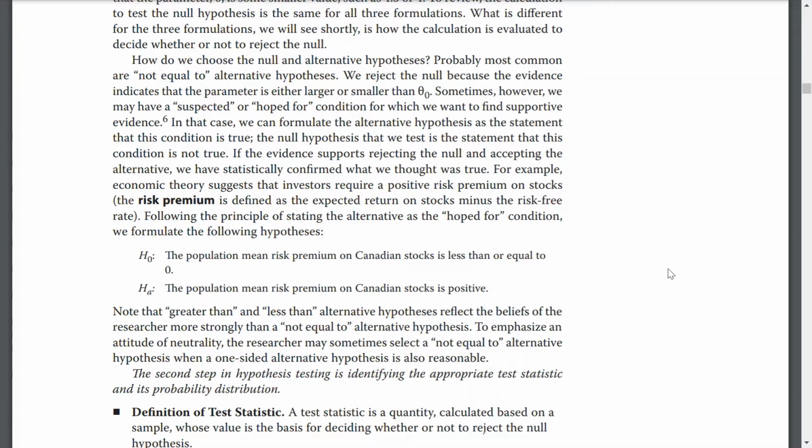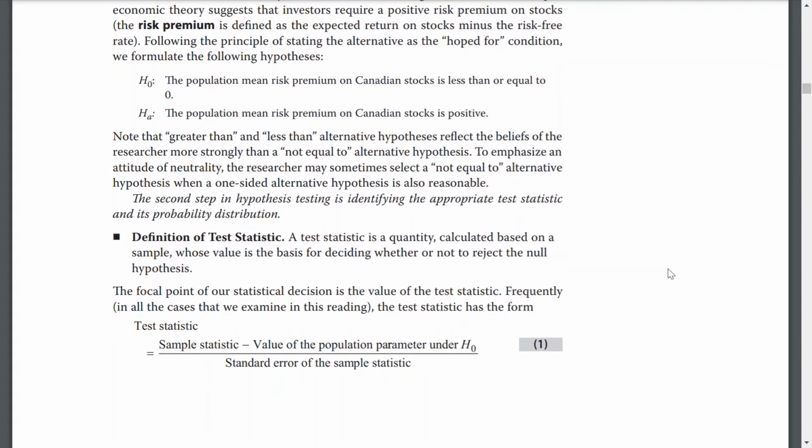Note that greater than and less than alternative hypotheses reflect the belief of the researcher more strongly than the not equal to alternative hypothesis. To emphasize an attitude of neutrality, the researcher may sometimes select a not equal to alternative hypothesis when a one-sided alternative hypothesis is also reasonable.